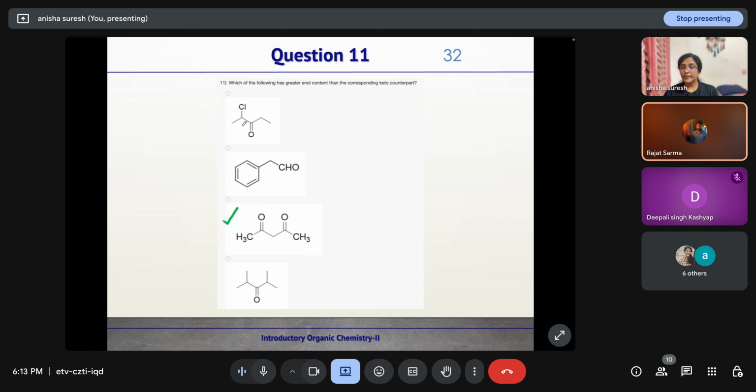Here we can consider the number of alpha hydrogens, which is important for knowing the hyperconjugation. In this first example, the number of alpha hydrogens present is 3: these two as well as this one.